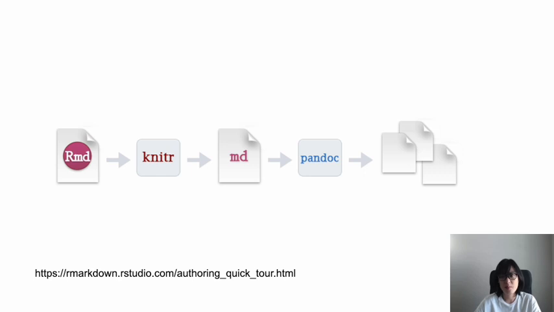And then it's processed by Pandoc, which is responsible for creating a finished web page or a PDF or a Word document. And R Markdown makes this extremely simple in RStudio by just pressing this quote unquote knit button that you will see later in the tutorial.